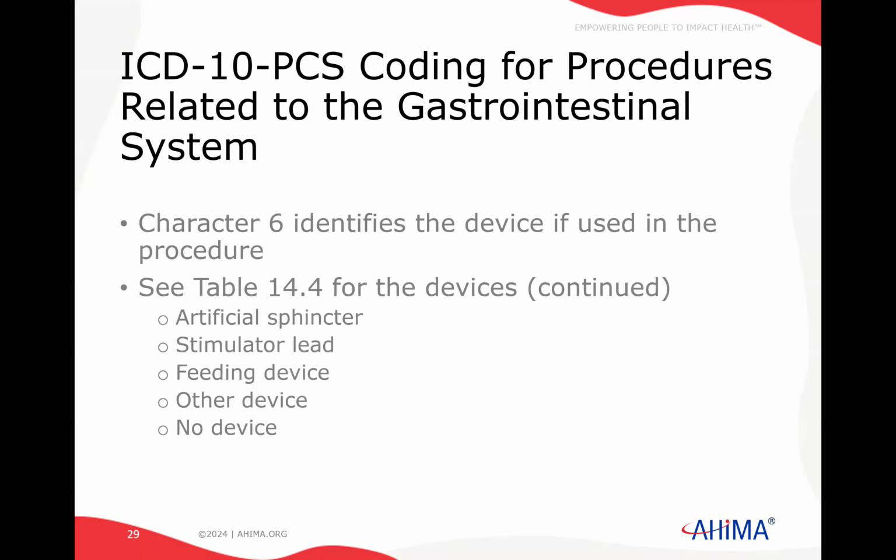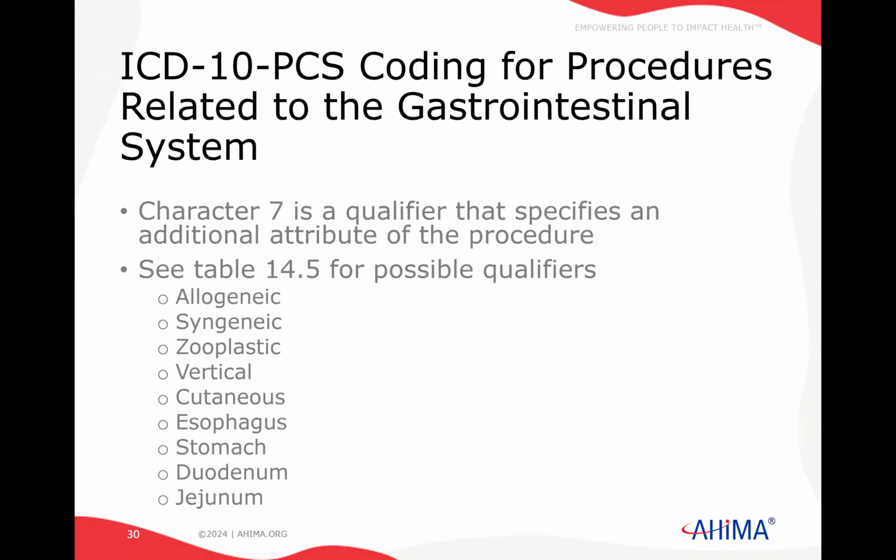Now we just have the qualifiers. And again, as we know, the qualifier specifies an additional attribute. So this could be whether something was cutaneous, duodenum, zooplastic, allogenic, or what have you.